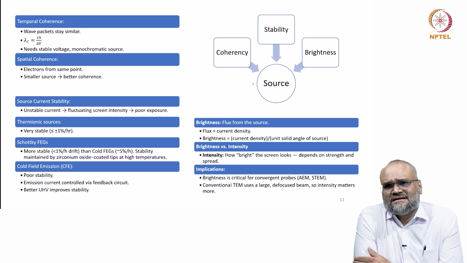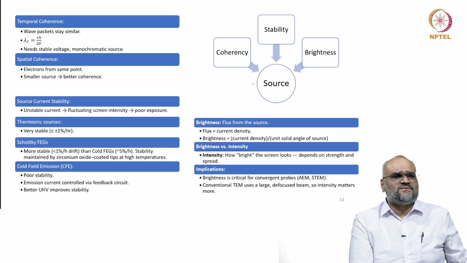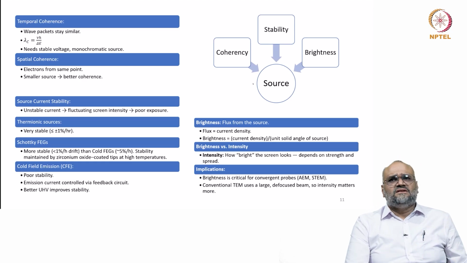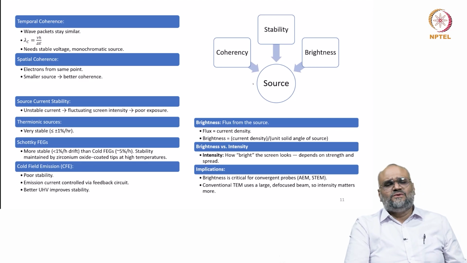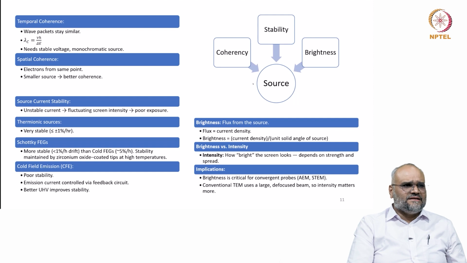Brightness is very critical for convergent probe methods, especially in analytical electron microscopy and STEM. So this is what you have with regard to electron sources, and they directly influence the quality of imaging and the resolution of images that you get in a TEM.